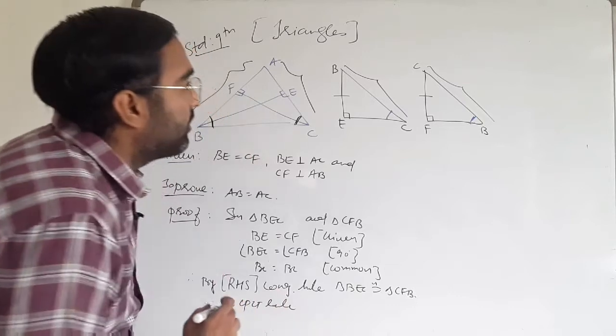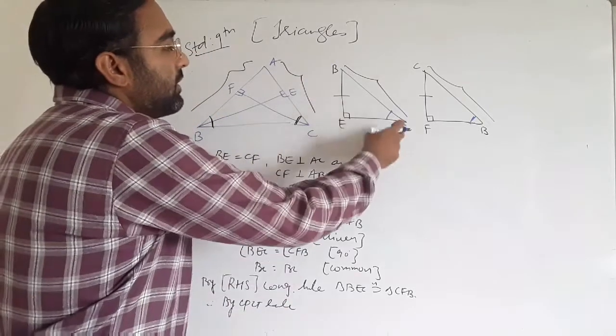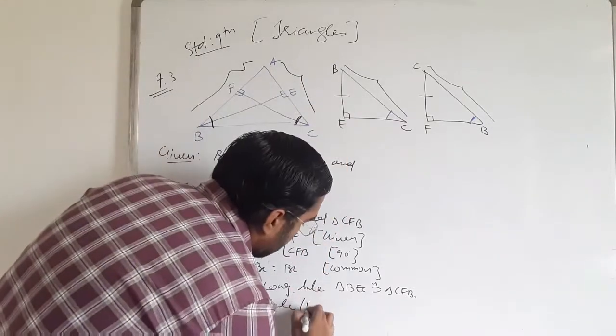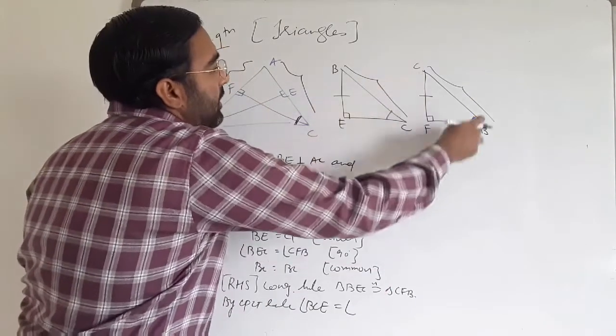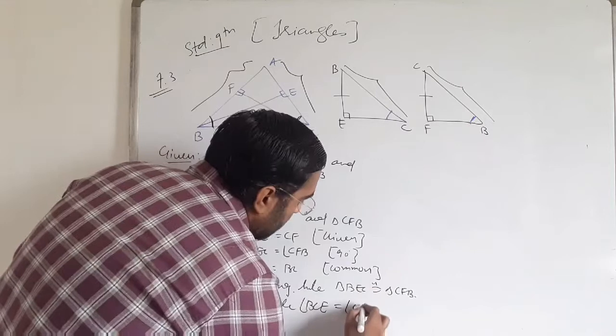So by the CPCT rule, angle BCE is equal to angle CBF.